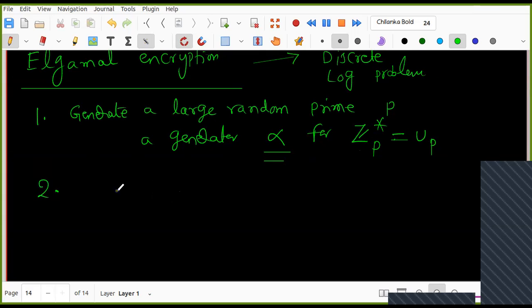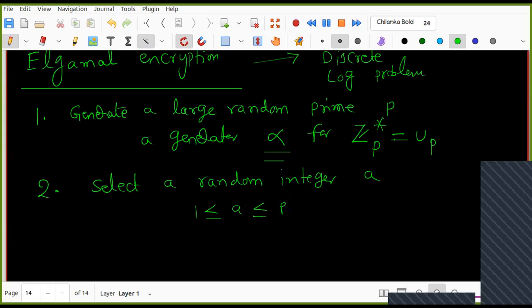Select a random integer. Are all of you here? Please concentrate, very important. Select a random integer a, where 1 is less than or equal to a, less than or equal to p minus 2. We will not take a equal to 1 also, and p minus 1 is minus 1, so generally we avoid them.